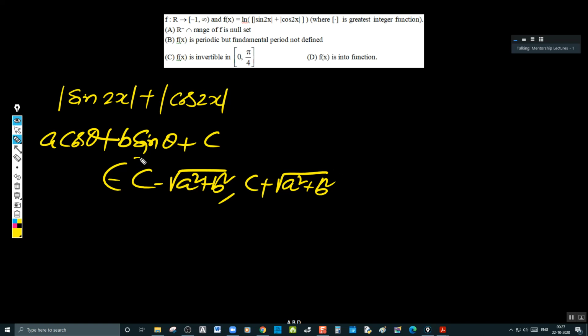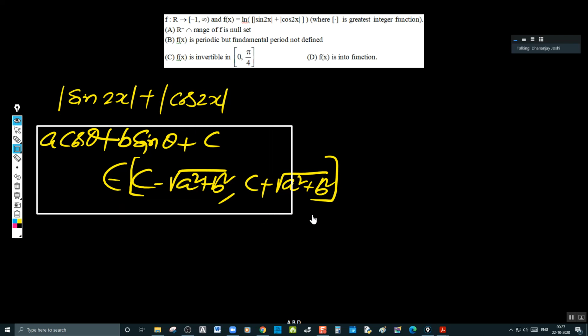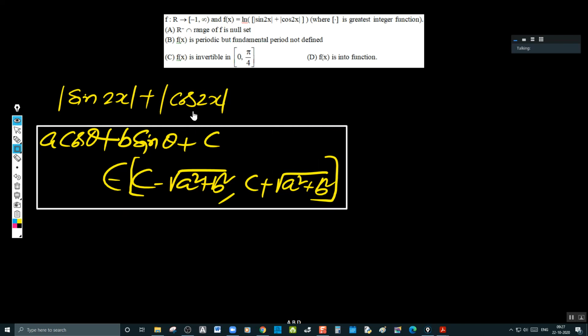This is what you're talking about, Dhananjay? Yes, sir. So maximum value is root 2, so it lies between 0 and root 2.